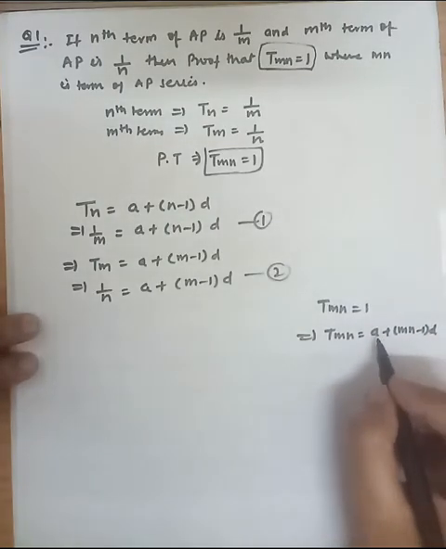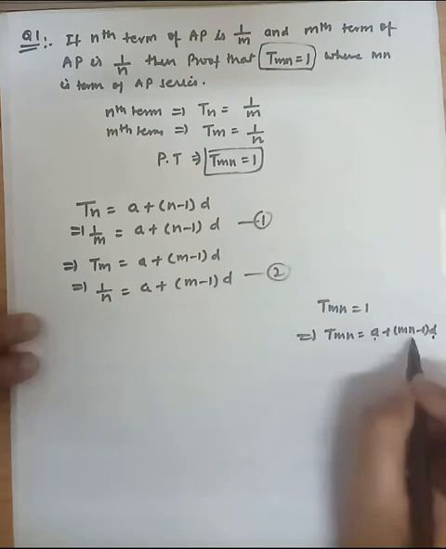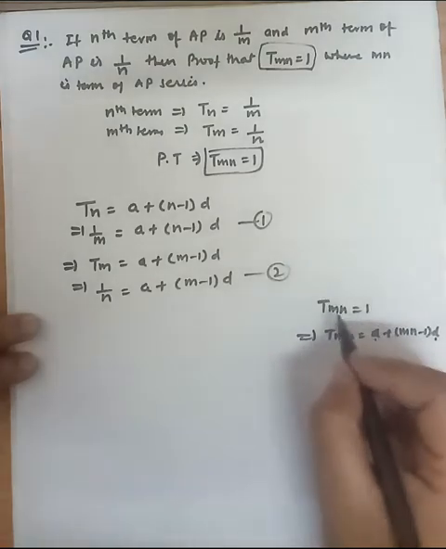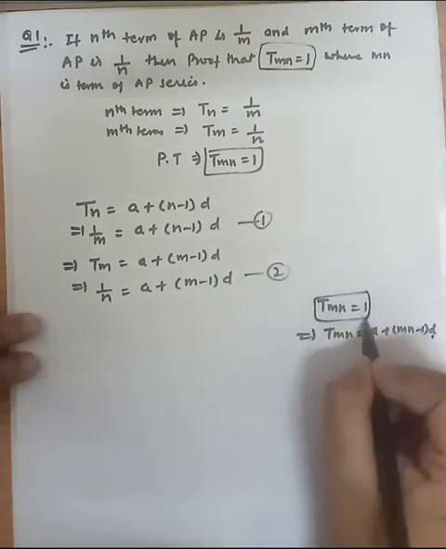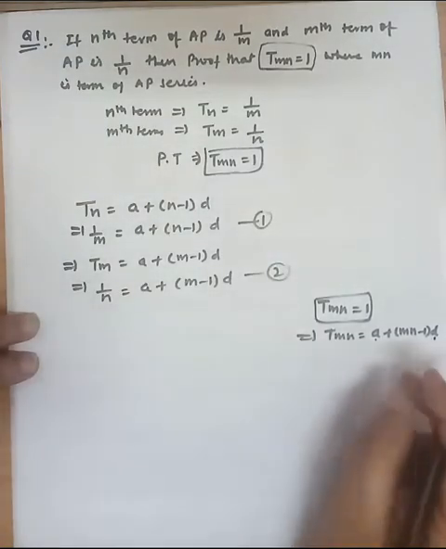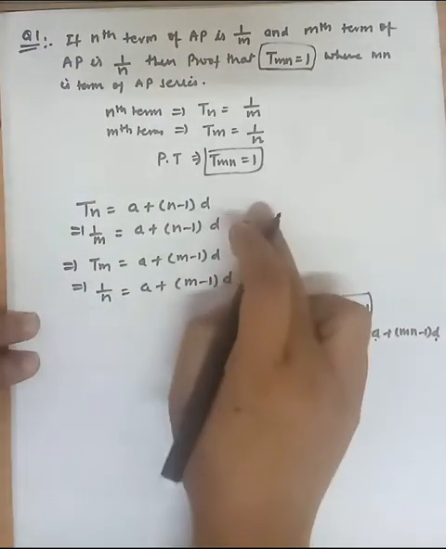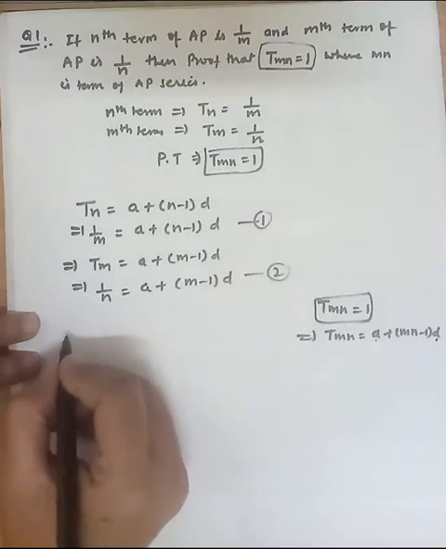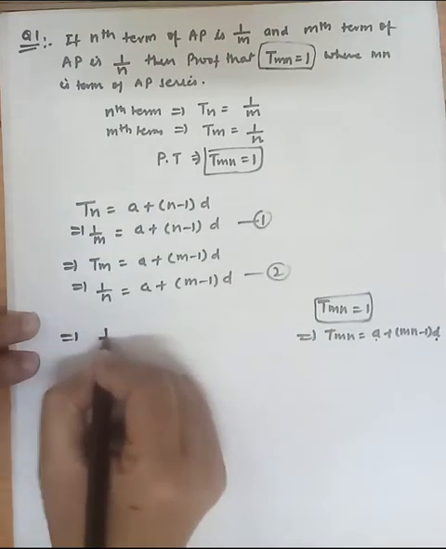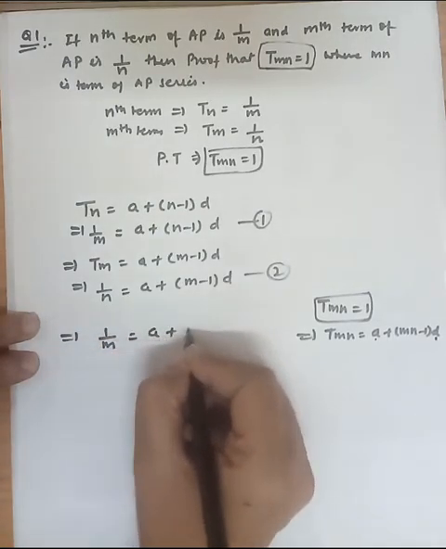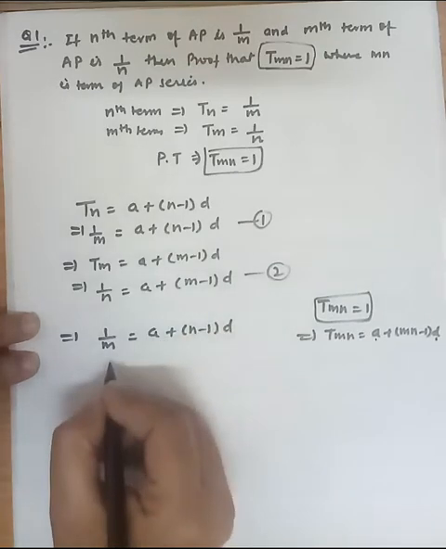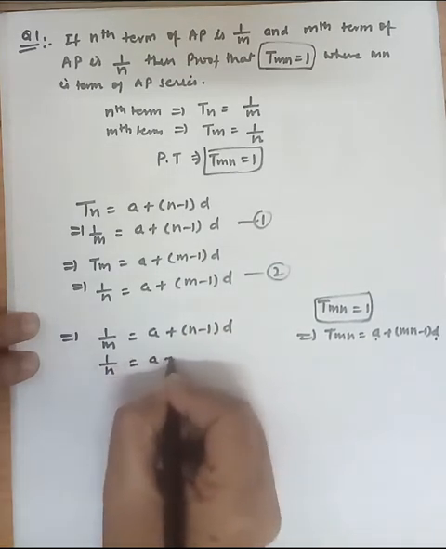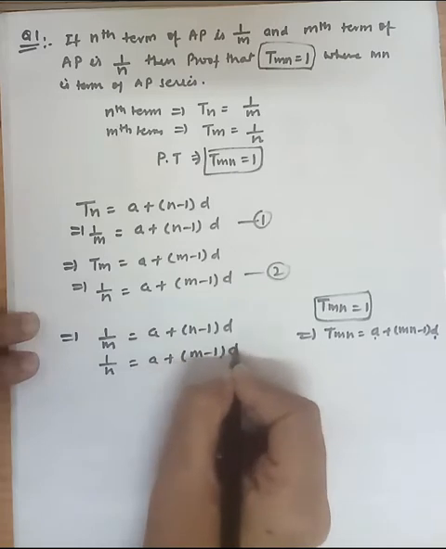If we have the a and d values, then we can put them here and prove this. So how can we find the a and d values? From equations 1 and 2. So again we write these: 1 by m equal to a plus n minus 1 d, and the second equation is 1 by n equal to a plus m minus 1 d.